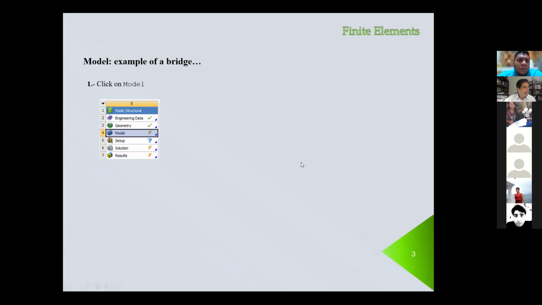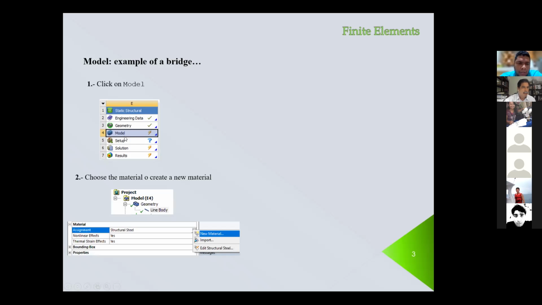In order to continue, you have to click on model and then assign the materials. By default, ANSYS uses structural steel, but you can create a new material and assign, for example, aluminum or another material.